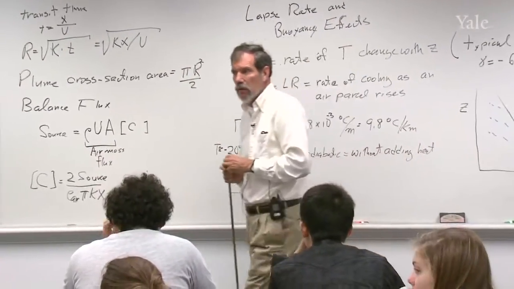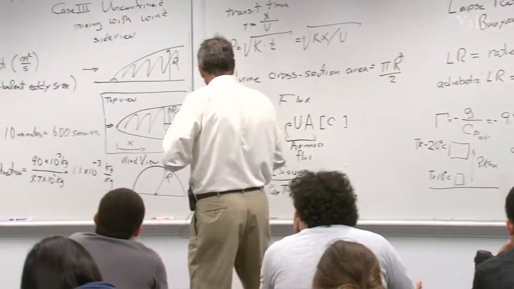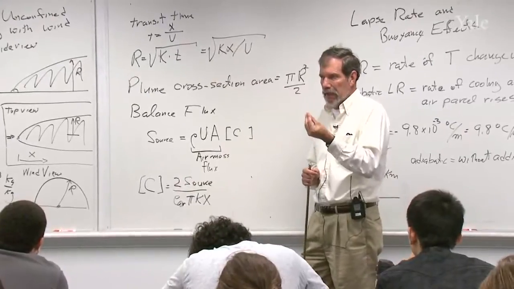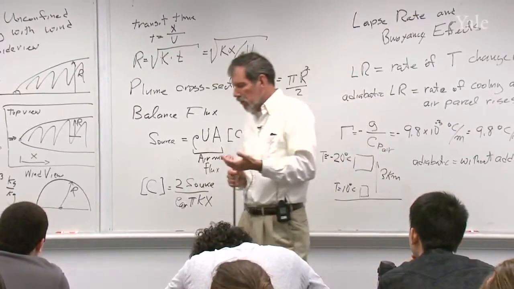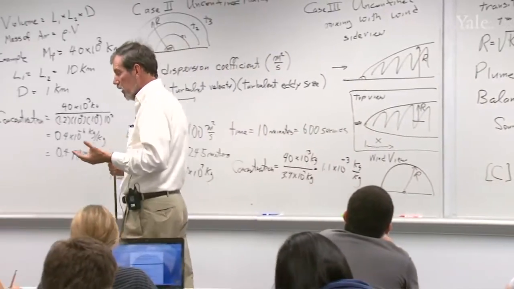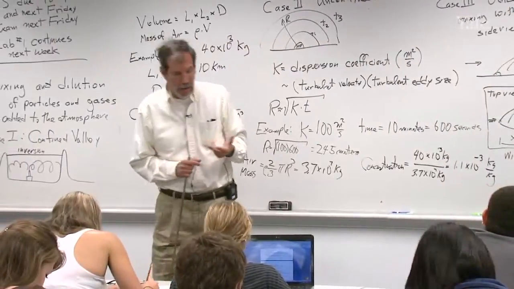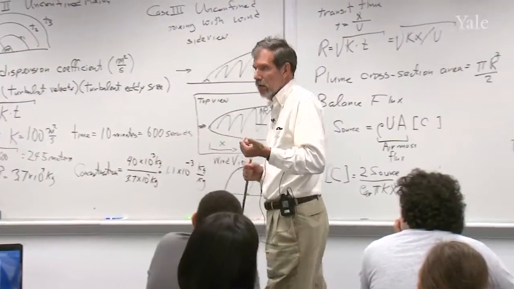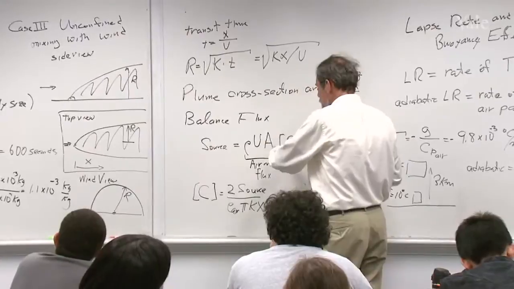What does source represent in that final equation? Source would be the rate at which pollutant is being added to the atmosphere at the power plant. Could be in units of kilograms per second, but if it's particles, it could be the number of particles per second that's being added. And then your concentration would have to be in the appropriate units.